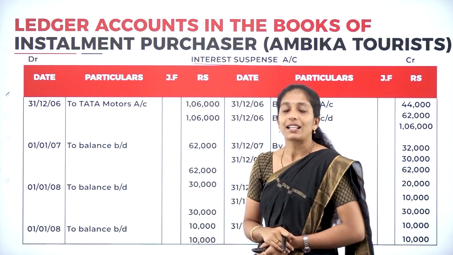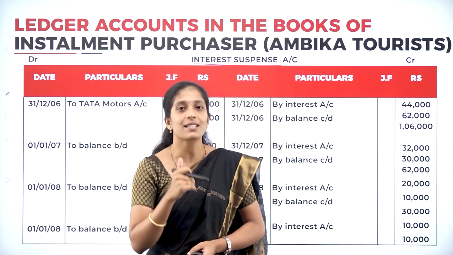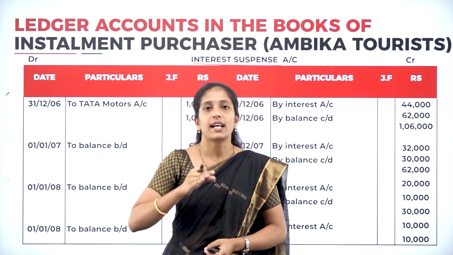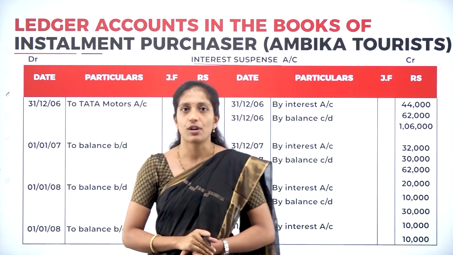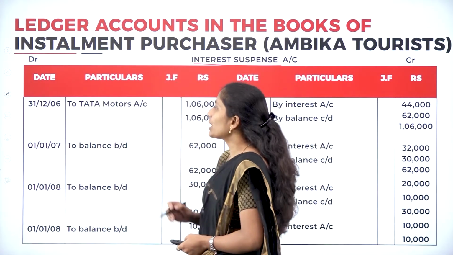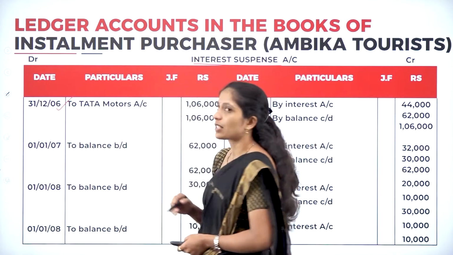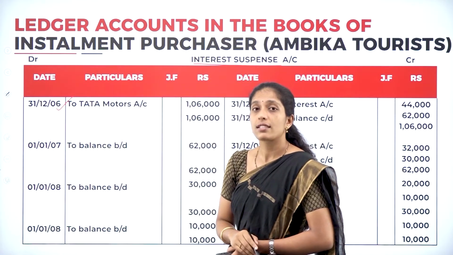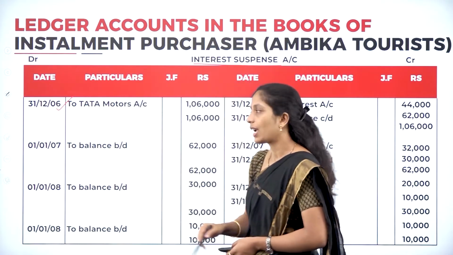So what are the entries that come under the interest suspense account? Your first entry is: asset account debit, interest suspense account debit, to installment seller account. So how do you record? To installment seller, 31/12/06, that is interest suspense account debit to installment seller account. Here the installment seller is Tata Motors account.